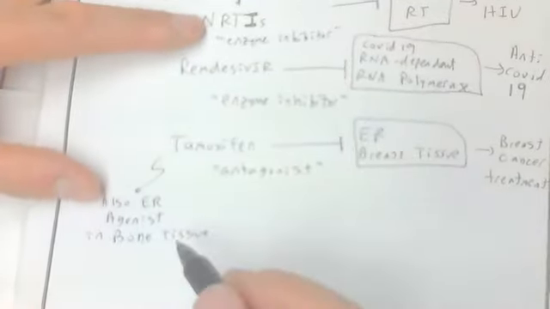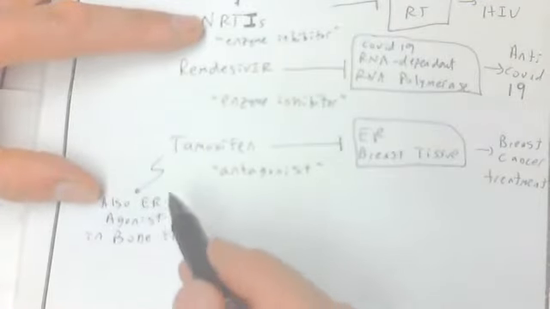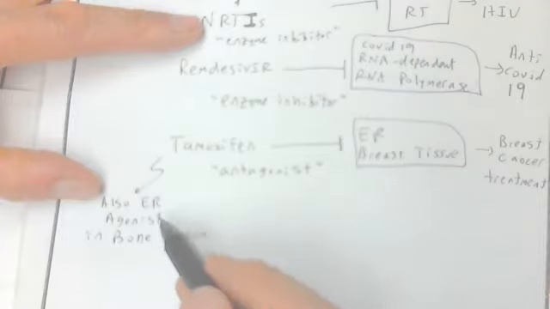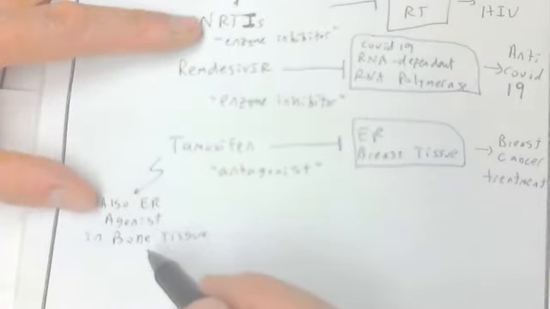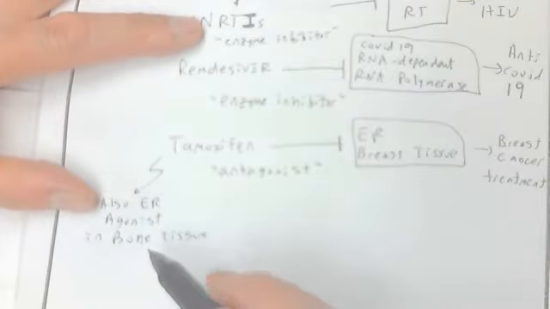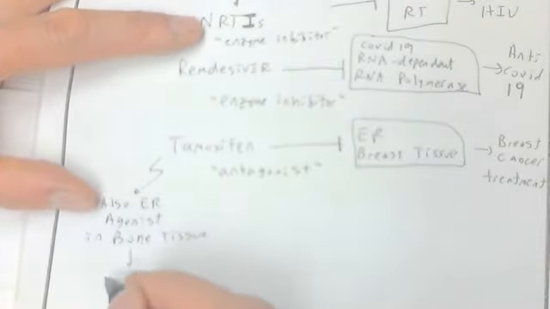An interesting side effect of tamoxifen being an agonist of ER in bone tissue is that it prevents bone loss.